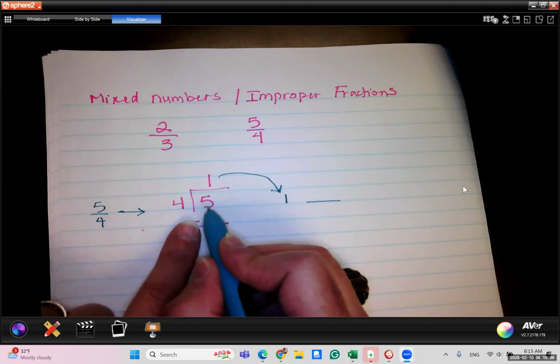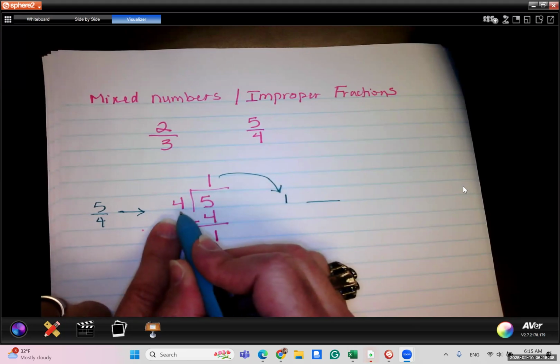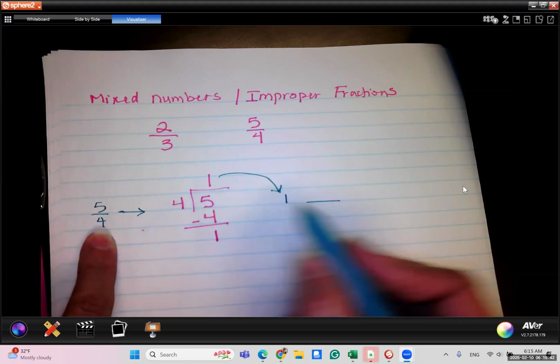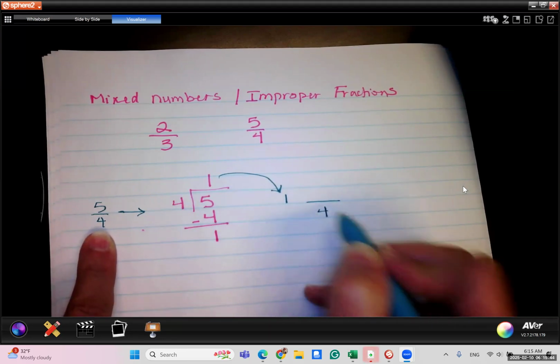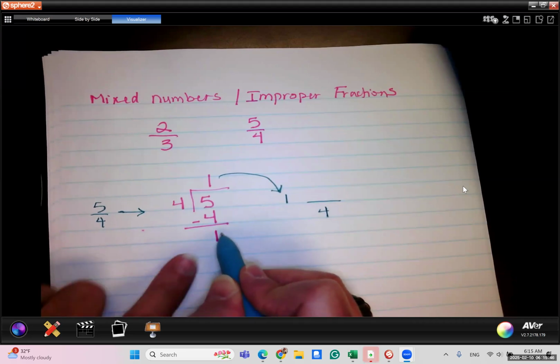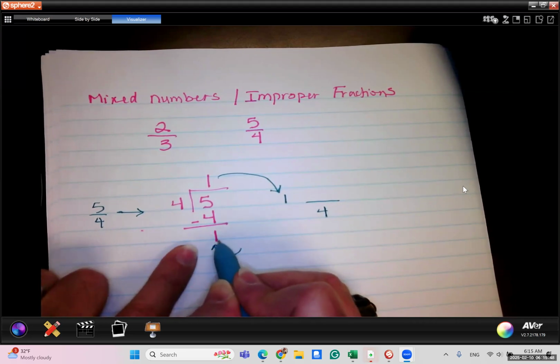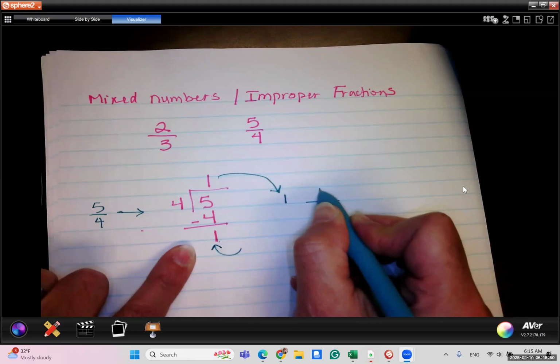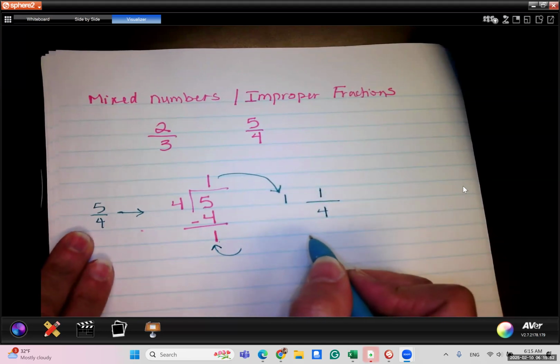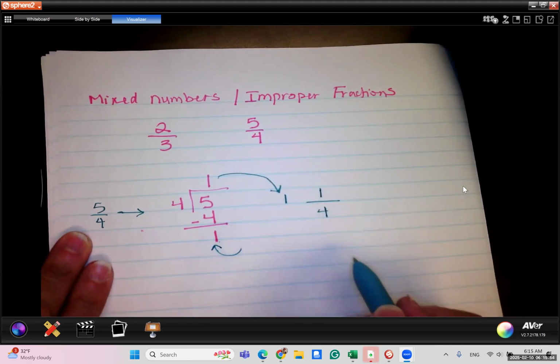The denominator is the same. The denominator is 4, and that doesn't change. And the remainder is the part that goes over here, okay? So 5/4 is the same as 1 and 1/4.